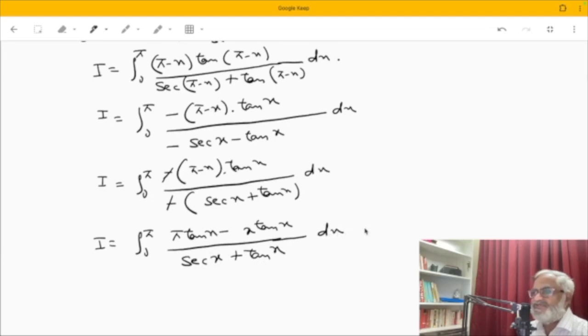Whenever we use the property, this is relation 2. This is the star property: integral 0 to a of f of a minus x equals f of x, the denominator is the same. So on adding, our integrand becomes very simple.